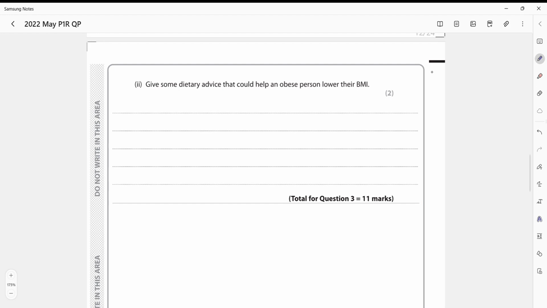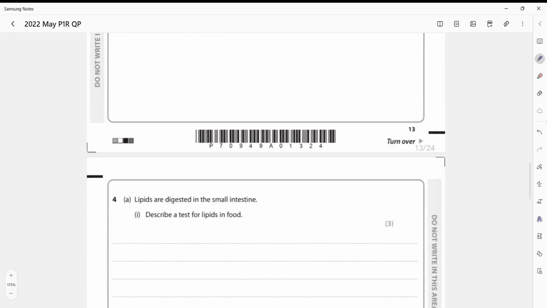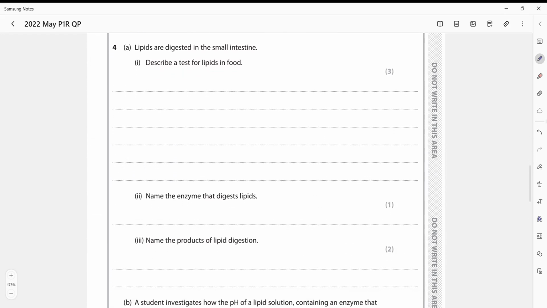So you can say a balanced diet and to eat less fats. Okay, let's move on to question 4.